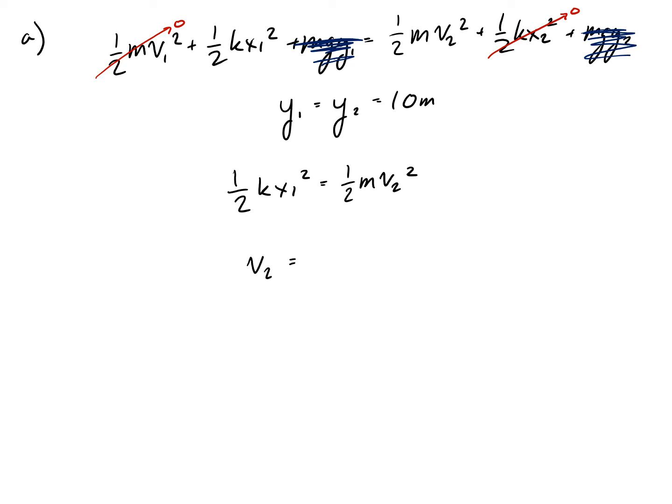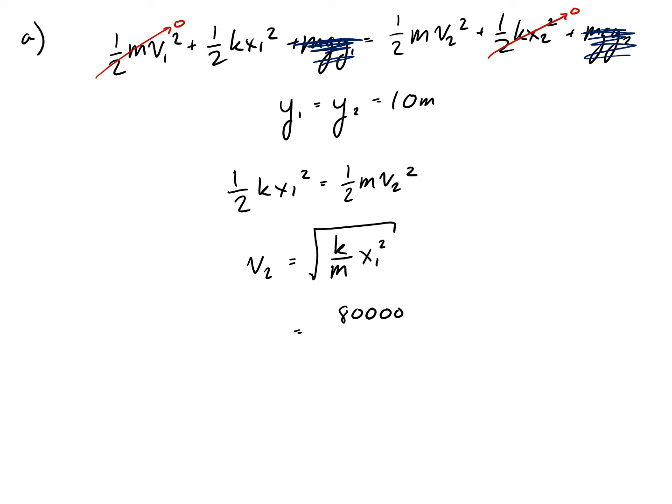So going through and rearranging this, the halves are going to cancel out, and I get the square root of k divided by m, x1 squared. I was given all of these values for the spring stiffness constant, the mass, and the displacement that my spring is compressed.